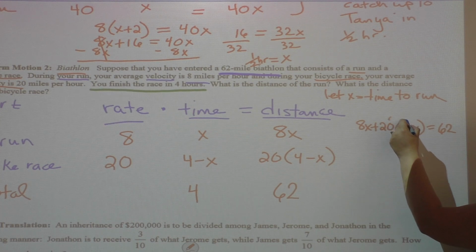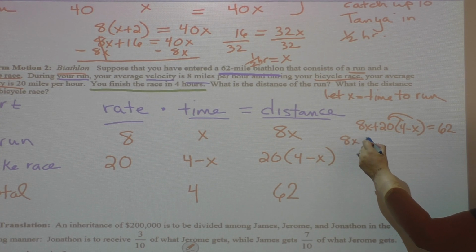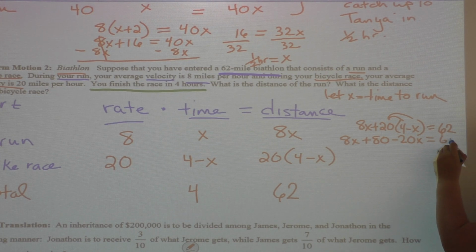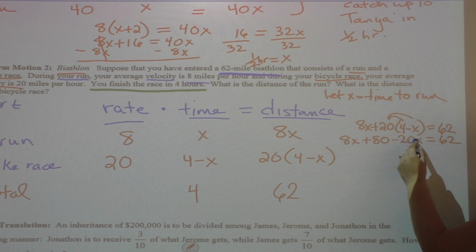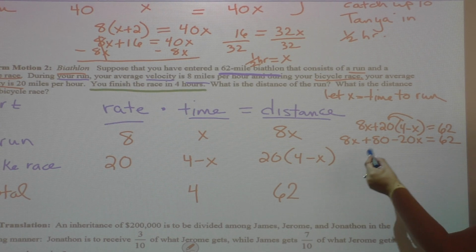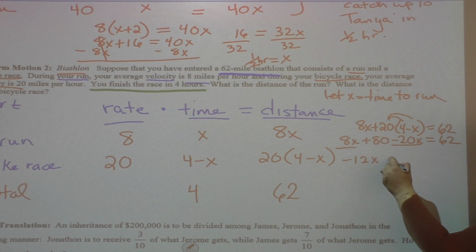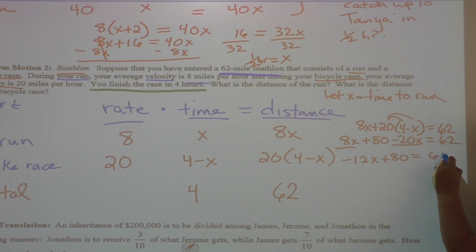If I go ahead and do some math here and distribute, I'm going to get 8x plus 80 minus 20x equals 62. Combining like terms, I'm going to get negative 12x plus 80 equals 62.